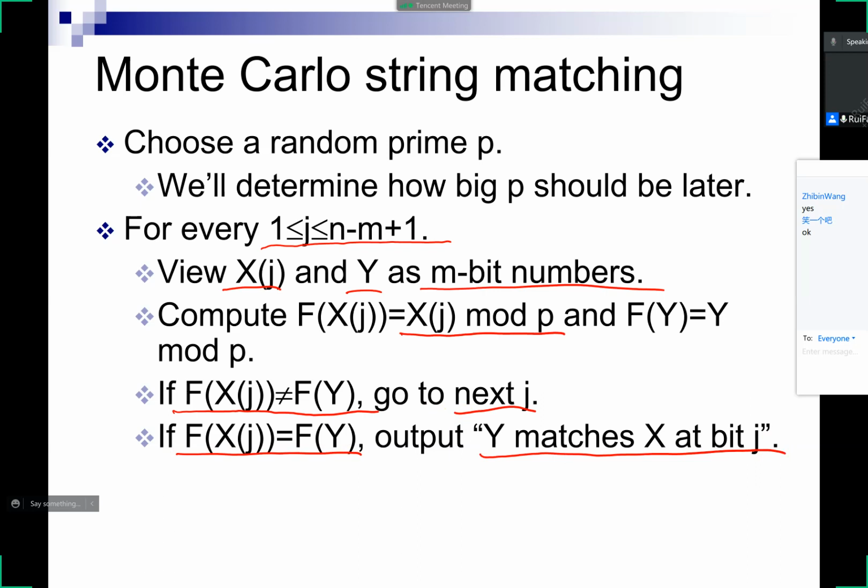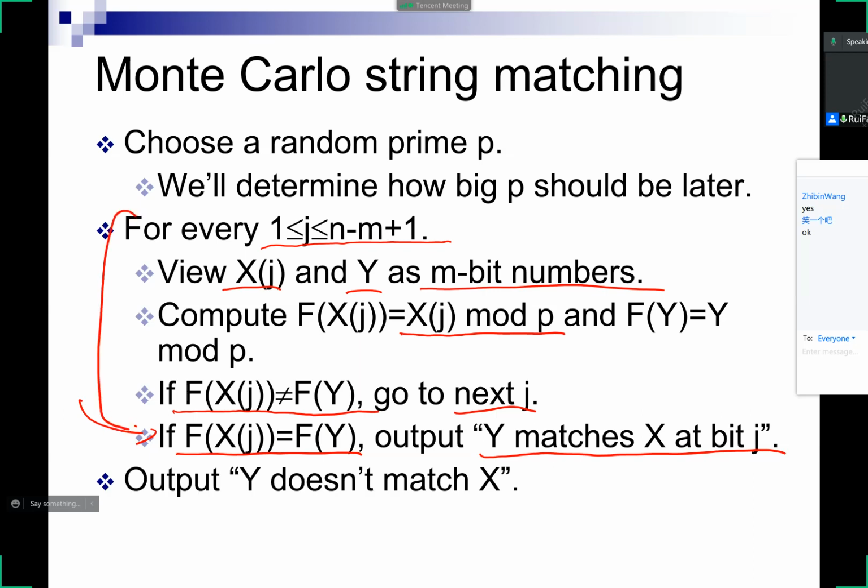And here's where you can get a false positive, because sometimes x of j and y actually do not match, but because we're taking fingerprints, it looks like they match. But we're going to see later how to bound that probability. That's not a large probability.